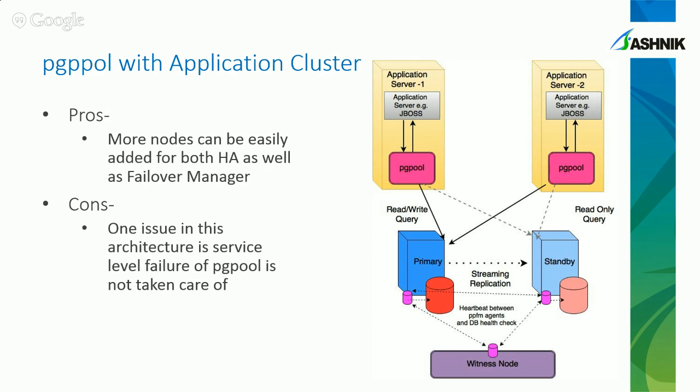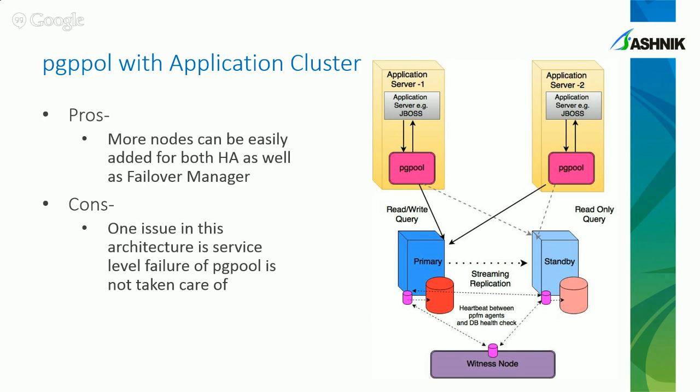If the pgpool server does not work on any of your application nodes, that means that it will stop responding to the application queries, which in turn means that your application will stop responding to the user requests. And most of the load balancers which we have seen these days are smart enough to identify such issues, and they identify that there is something wrong with the application server, and they start sending queries to the second application server since that failure.